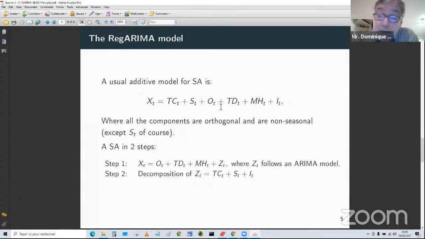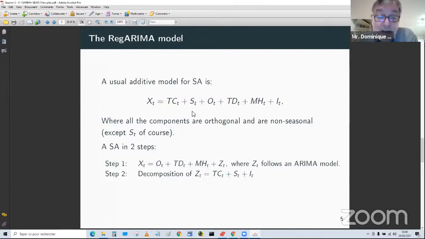You might have 3, 4, 5 unknowns, okay? The trading day regressor, the moving holiday regressor, and the irregular. The irregular is in fact some kind of residual where you put everything which is not in these 5 first parts, okay? So you might have some kind of structure here. It's scarce, but you might.